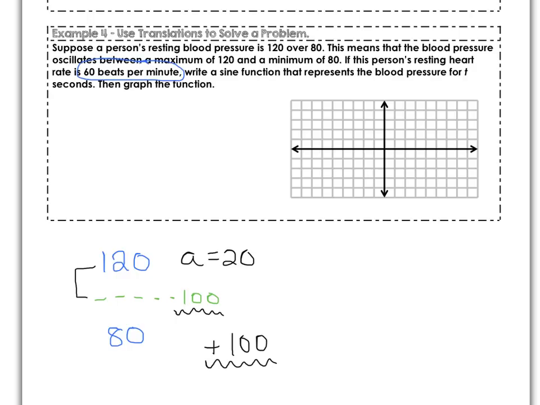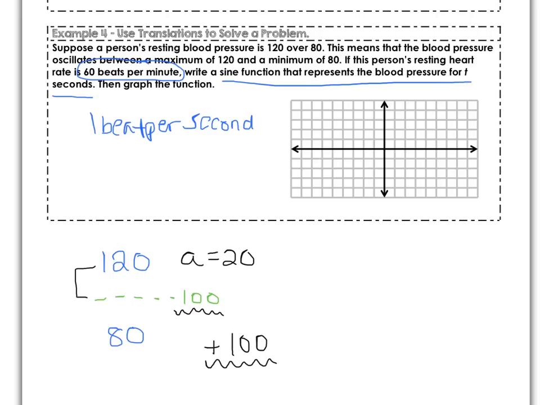But then the problem says to write a sine function where we are going in seconds. So if it's 60 beats per minute, we need to figure out how many beats per second there are. That's going to be 1 beat per second. So that's actually the period that we are dealing with.